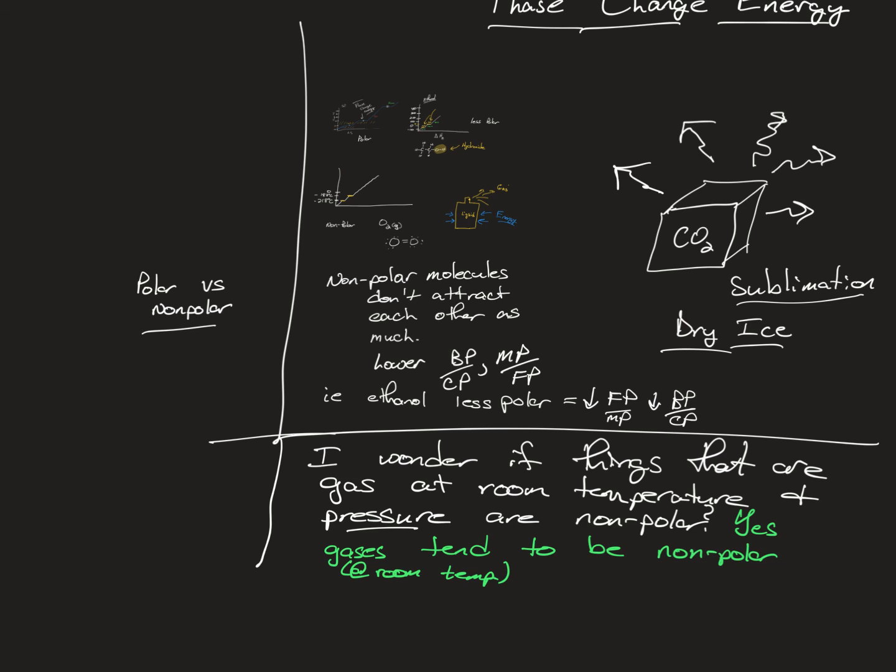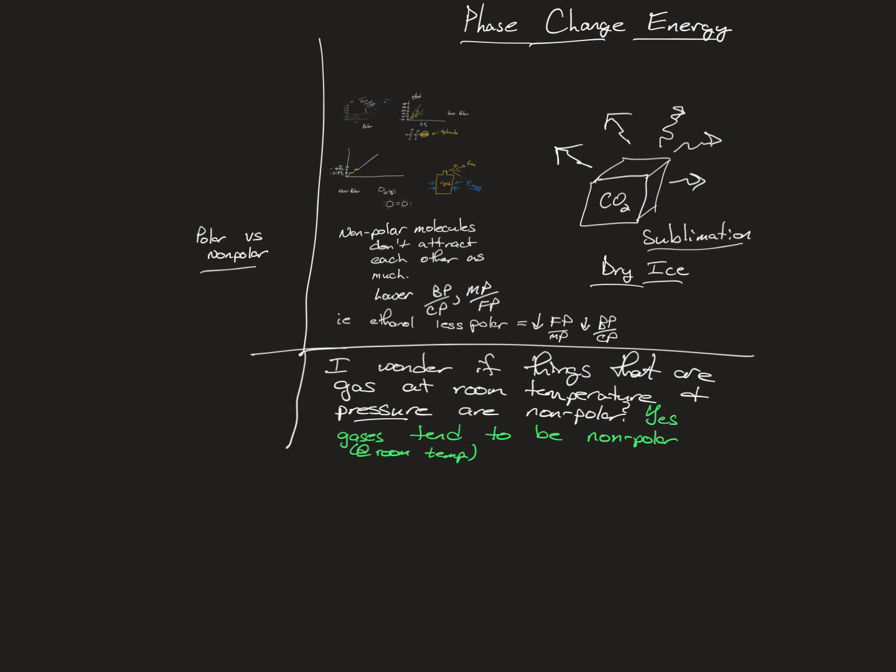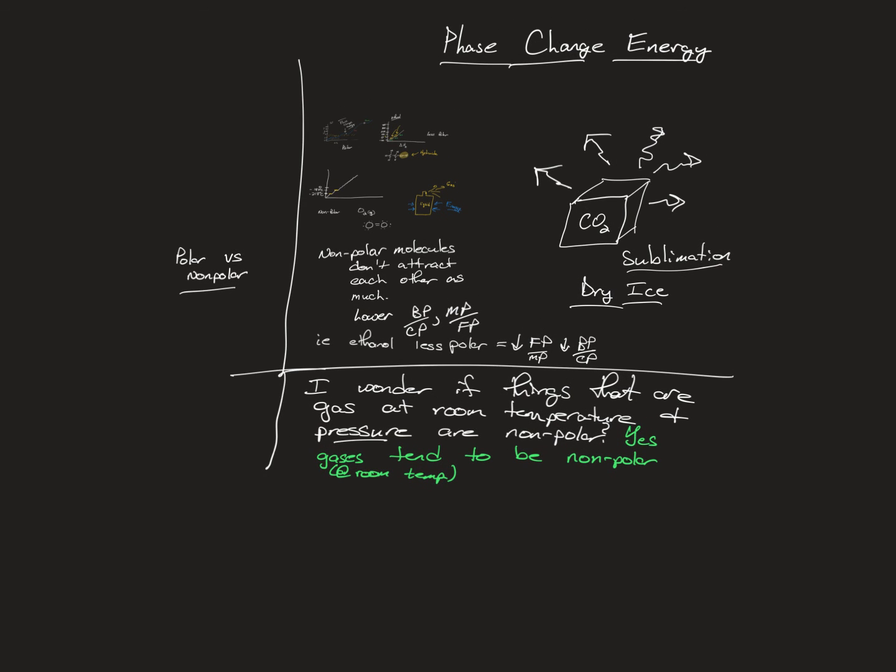So that makes sense. Oxygen that you breathe in, nitrogen that you breathe in, carbon dioxide that you breathe out of your mouth, air, is non-polar. The things that are liquid at room temperature tend to be polar, or at least somewhat more polar. Not always true. There are some organics that are liquid at room temperature for other reasons, other types of intermolecular bonds.